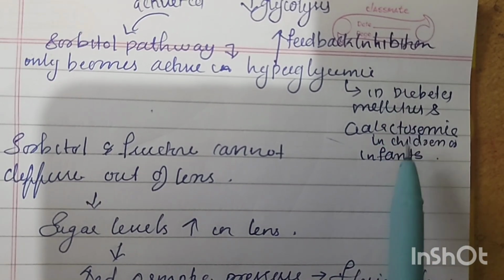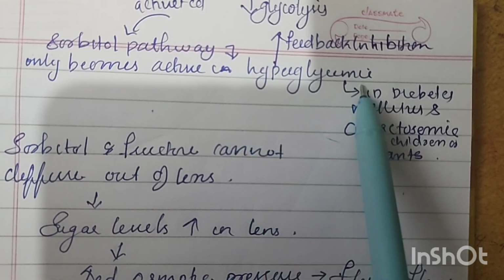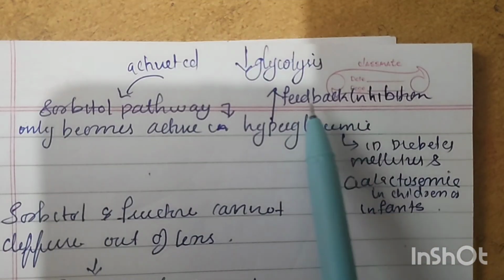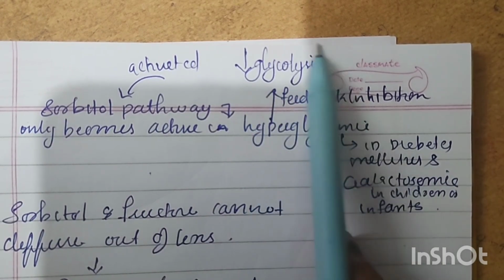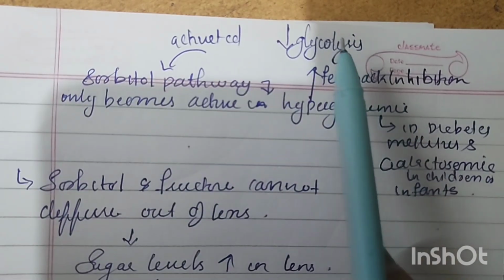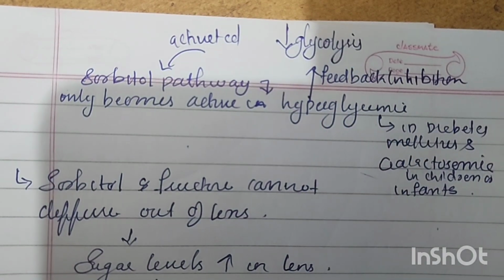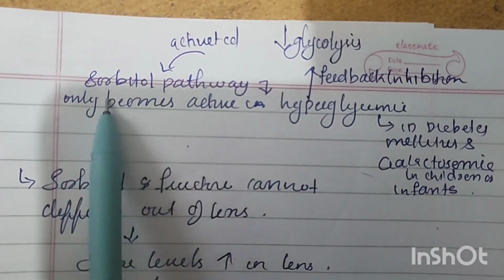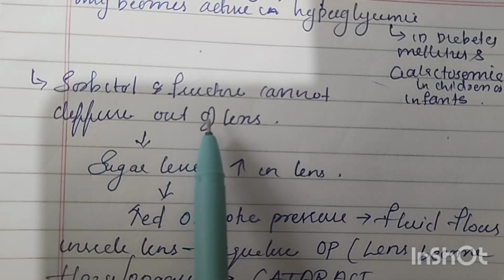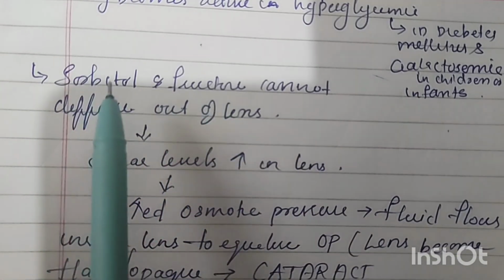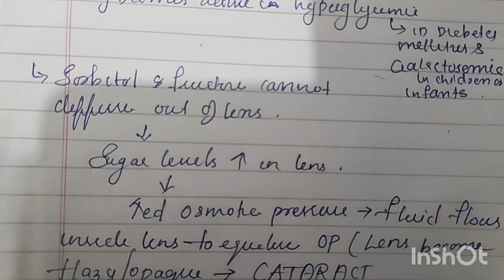During this condition the person will be hyperglycemic. Due to feedback inhibition, there will be inhibition of the glycolysis cycle, and at this time the sorbitol pathway gets activated. Sorbitol and fructose are formed.